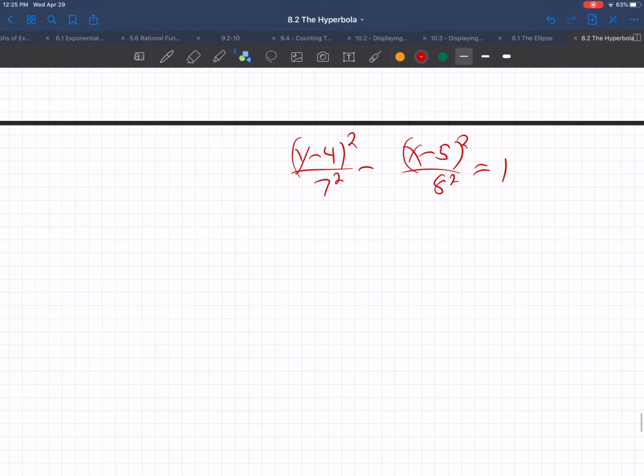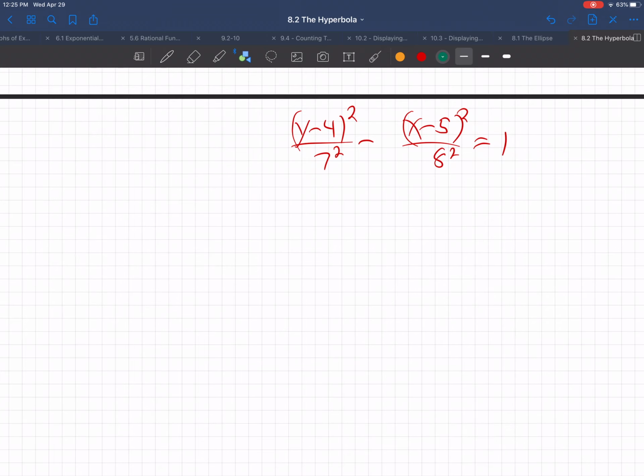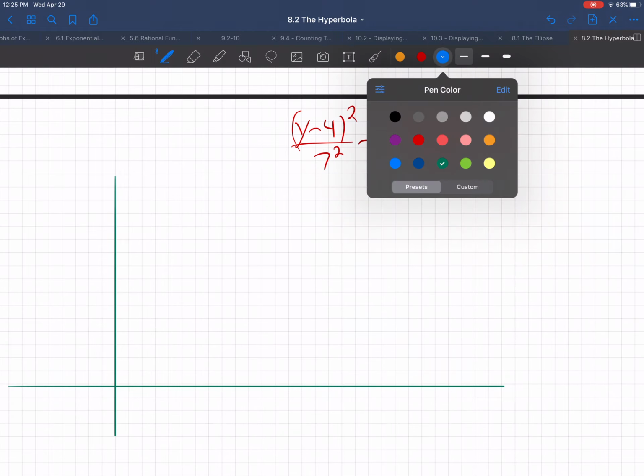All right, let me try to make a graph here. This one's going to go a long ways. Okay, so for this graph, let's find the center first.